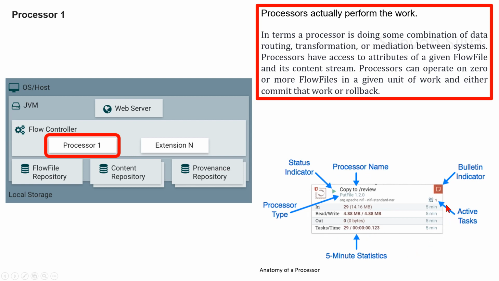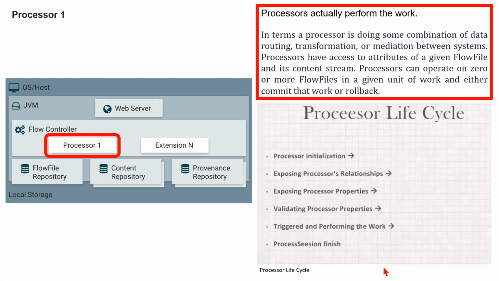And here you can see a processor. Here you can see a status symbol, processor name, processor type, 5-minute statistics, bulletin indicator and active tasks. Here you can see the processor life cycle.